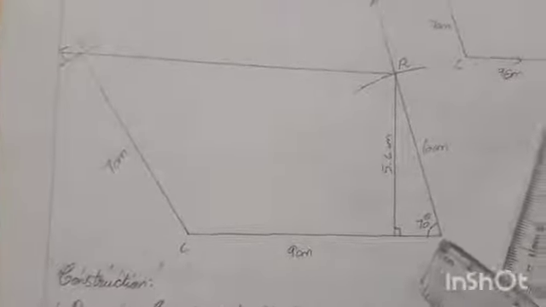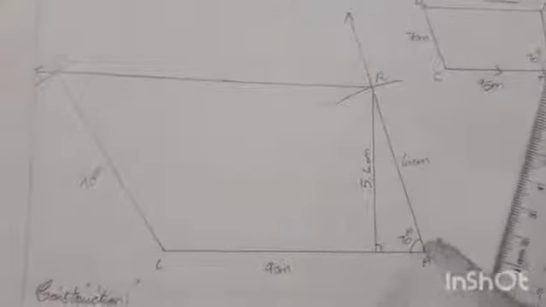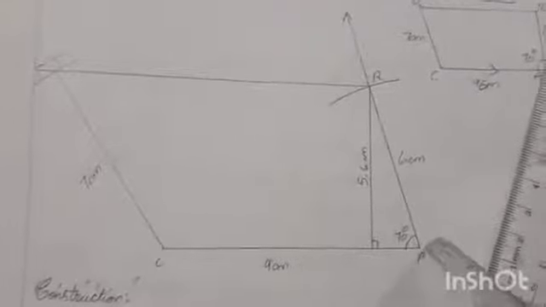Are you clear how to construct? Draw a line segment CA, then measure angle A equal to 70 degrees. Through this 70 degree point, you have to draw one ray. Then the measurement is given, AR equal to 6 centimeters. With the help of a ruler, measure 6 centimeters, and with the help of a compass, draw the arc.